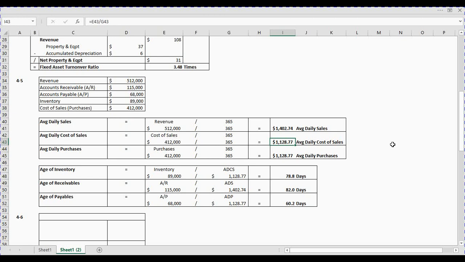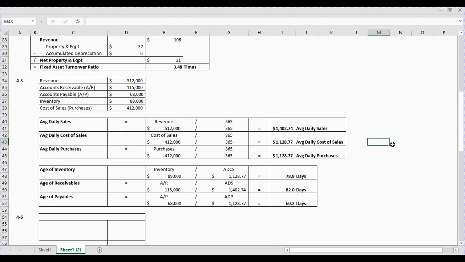One thing that might jump out at you pretty quickly, although it's not asked for in this problem: when we look at an income statement, the top line revenue or sales number minus the cost of goods sold or cost of sales gives us a very valuable piece of information called gross profit. That's just the profit we make on the goods that we sold, which then must be used to cover the operating, selling, and administrative expenses of the company.